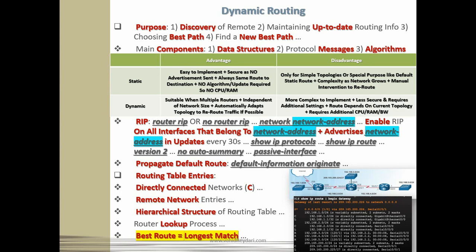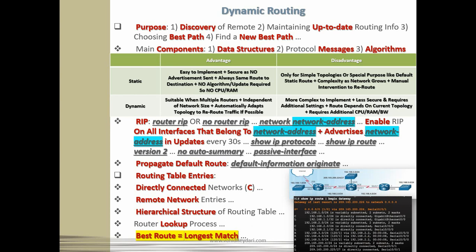And this is the time since the route was updated. So you can see here 00:00:08. This is the time since route was last updated. And then outgoing interface is the last entry. Exit interface to use, of course, to forward the packet.